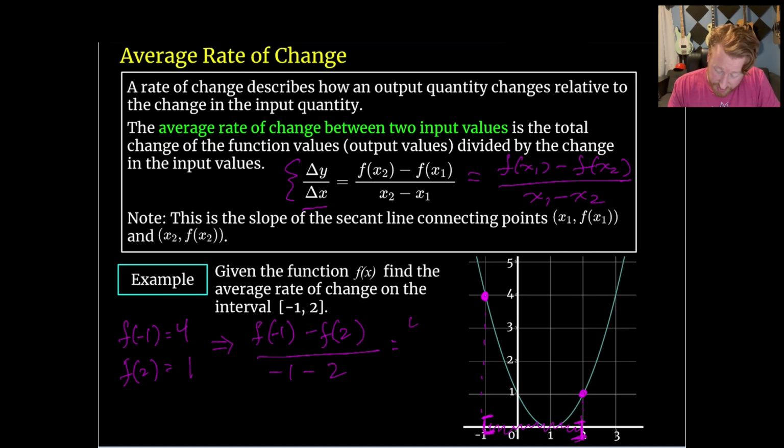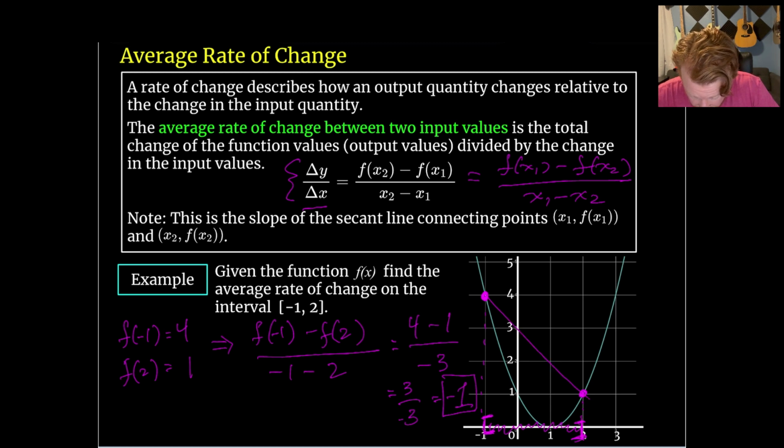F of -1 we discovered was 4. F of 2 is 1, and this is all over -3. So what we've got here is 3 over -3, which is -1. So the average rate of change over this interval from -1 to +2 is also the slope of that line that I just drew, connecting those two, which is -1.